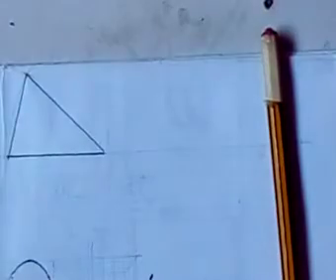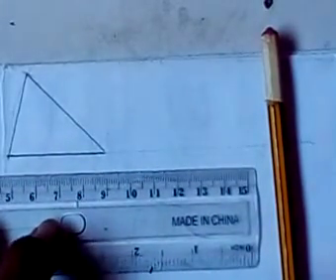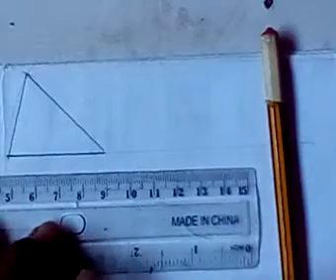Then next I have to draw the plan. Basically I'll be drawing vertical lines from each of these sides. But first I want to divide this base side into a number of equal parts.